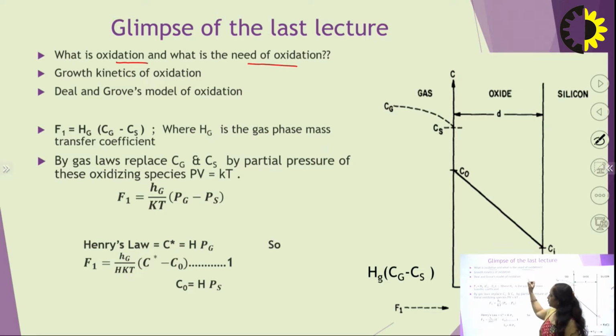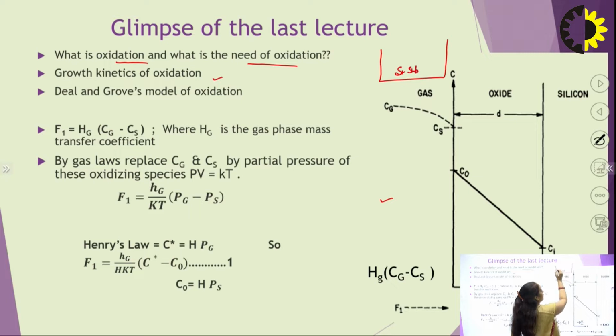For the growth kinetics of oxidation, we studied the Deal-Grove model, where we segregated the system into three parts: gas, oxide and silicon layer. We have the silicon substrate, and over that we believe some oxide layer is already there.